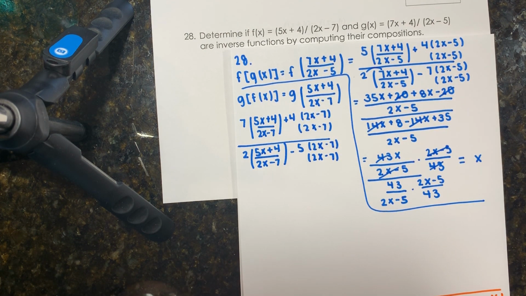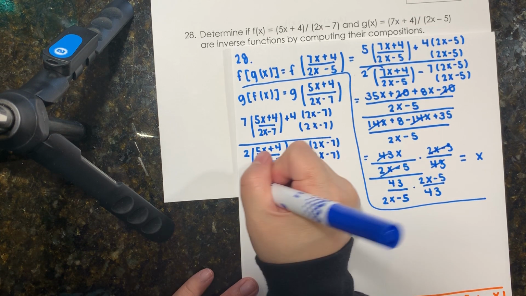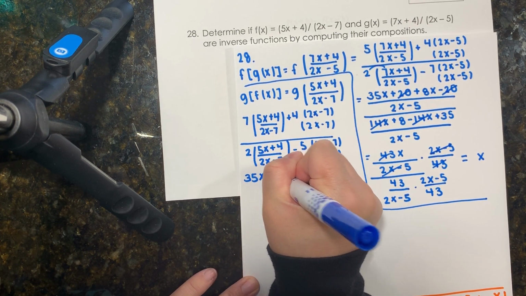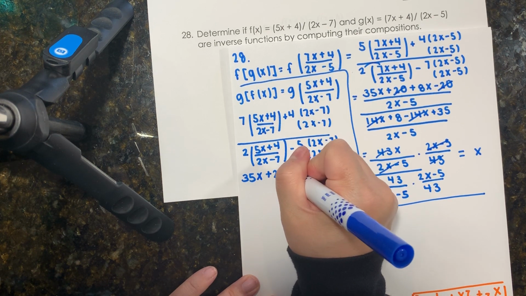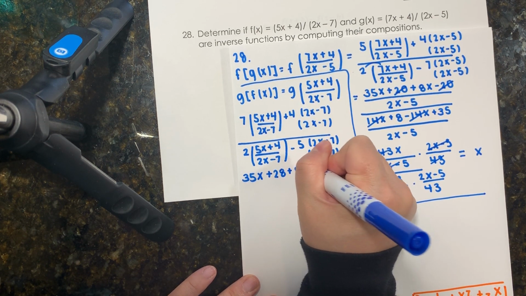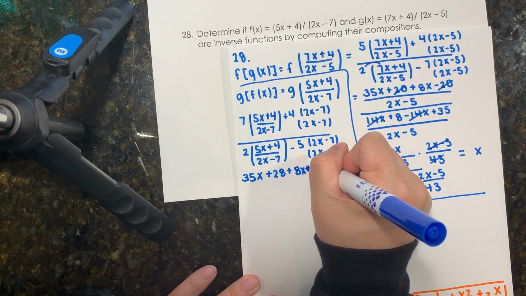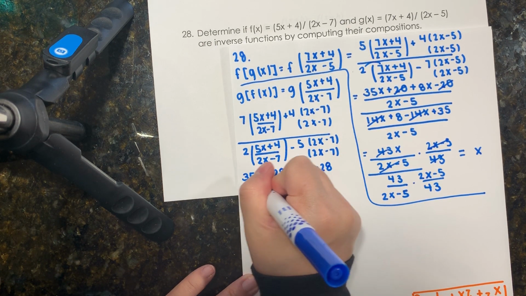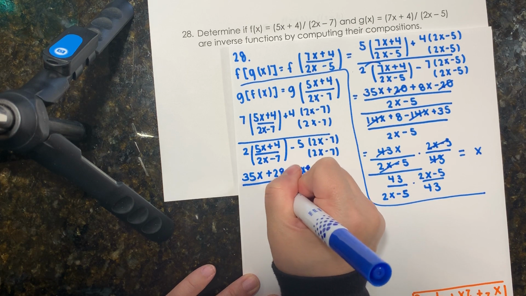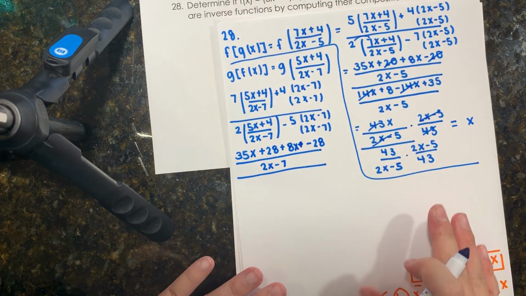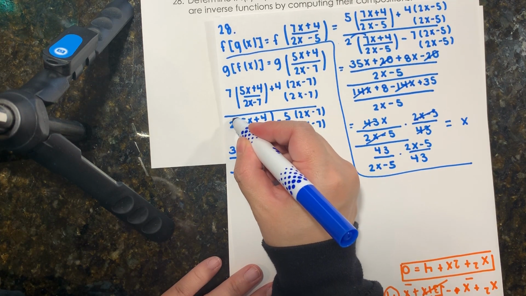And now I'm going to distribute. So 7 times 5 would be 35x plus 28. Distribute the 4: 8x minus 28, over 2x minus 7, over, now distribute the 2.